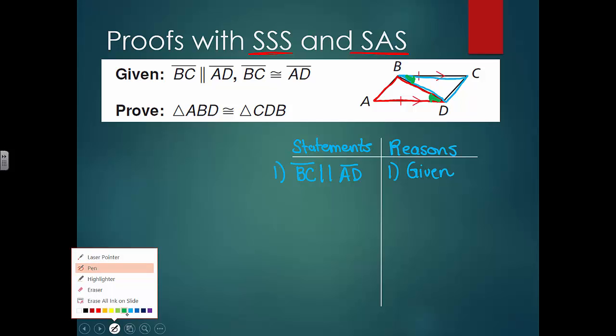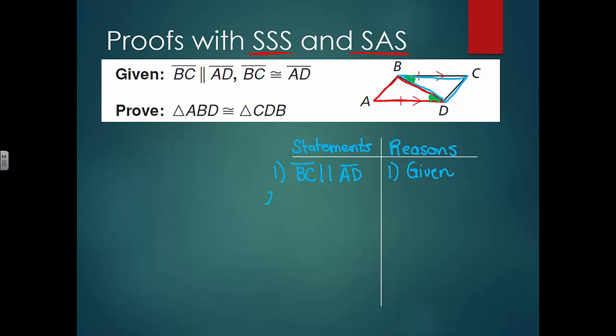So my next step is that angle CBD is congruent to angle ADB, and that is by the alternate interior angles theorem, because they are parallel lines cut by a transversal, which means they're congruent.